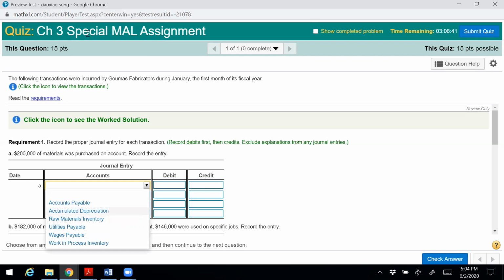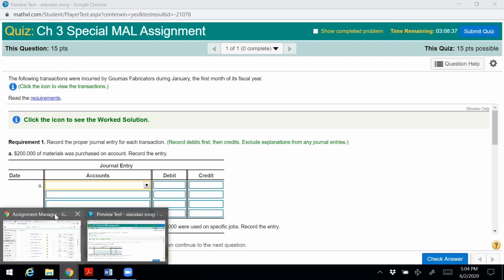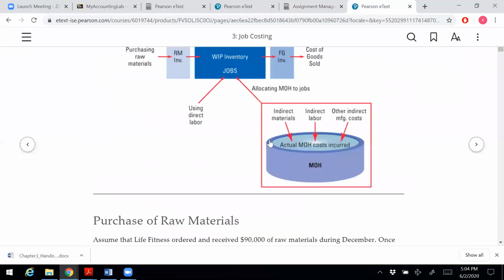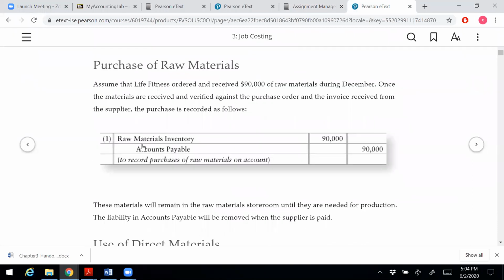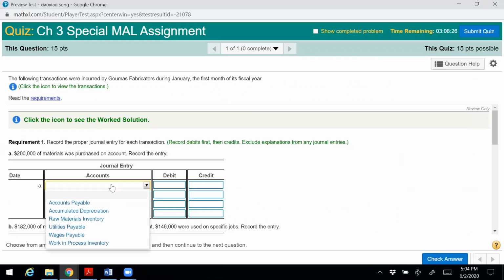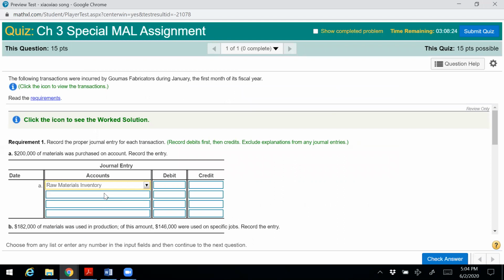The good thing is this assignment goes with your textbook. That's why I first showed your textbook. In the format, purchase raw materials, you can read this: raw material inventory, accounts payable. Your assignment has exactly the same, raw material and then accounts payable.